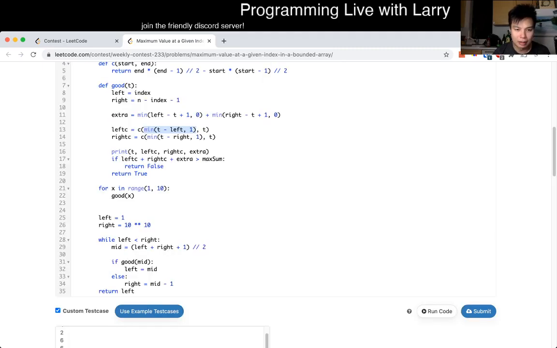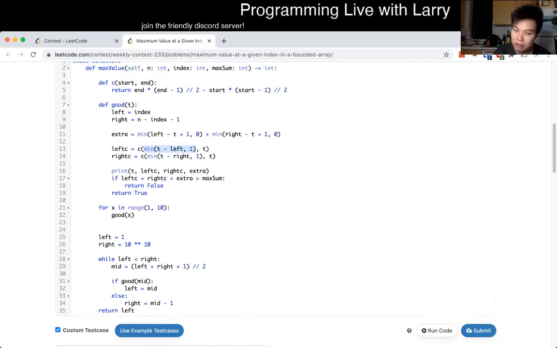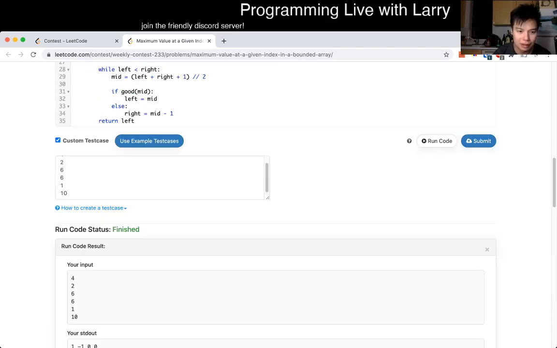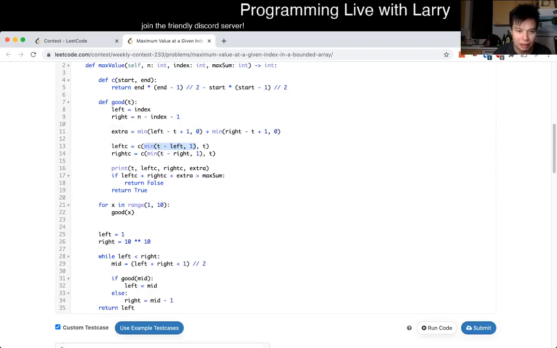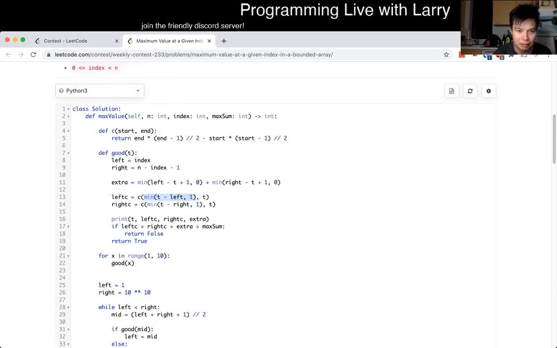Oh, I'm really bad at this. If left is 1, then this would be 4, 3, 2, 1. Okay, yeah, that makes sense. Why is this -1 then? Do I print something else anywhere? Because I get confused. No?